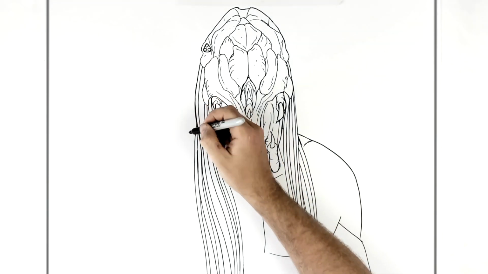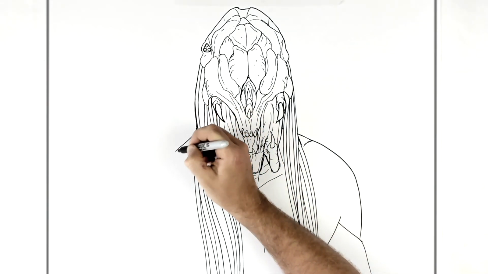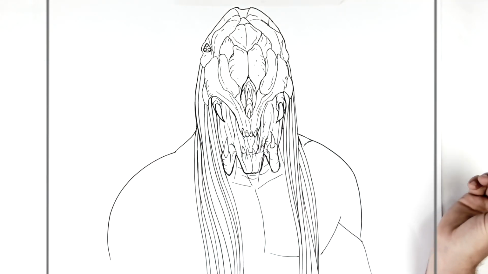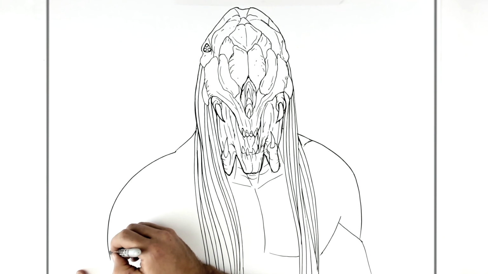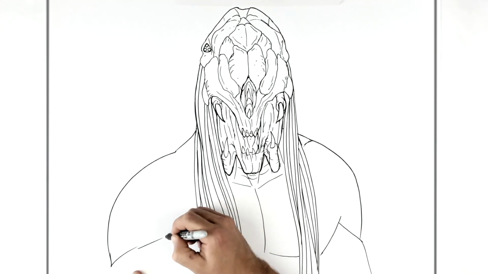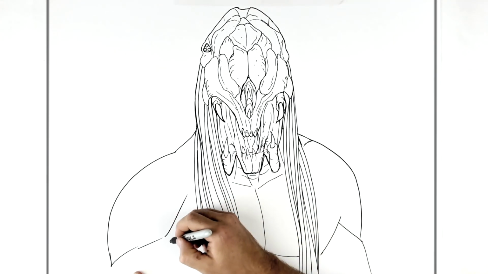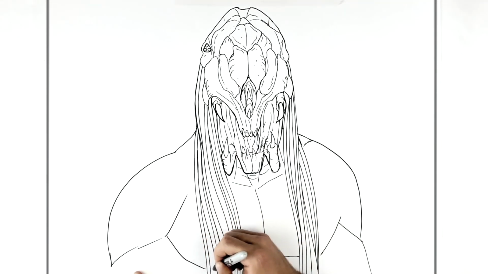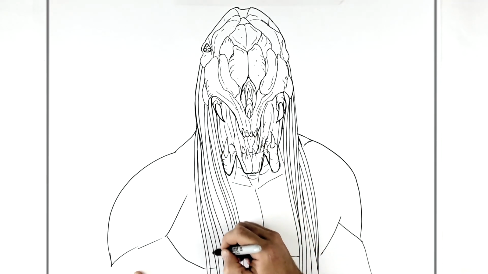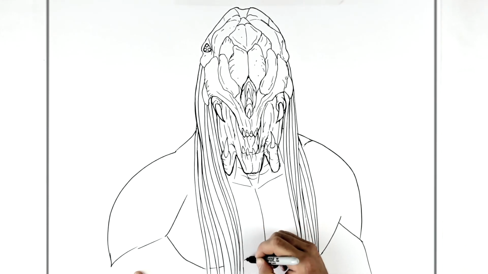Okay, so the other shoulder then here. Real big, muscly shoulder that way. Tricep. So this is his shoulder on that side. So we got like his chest down here. And then abs.